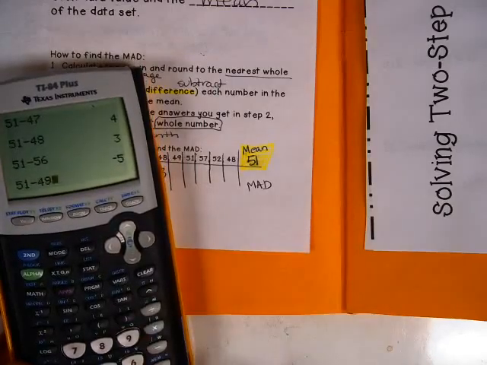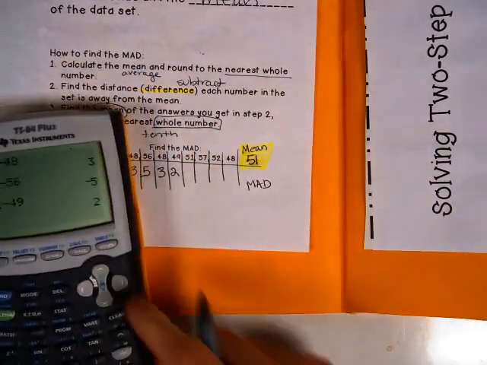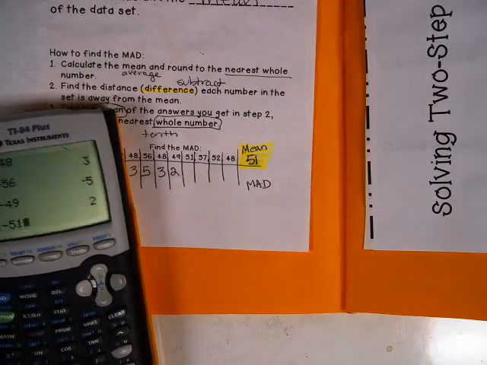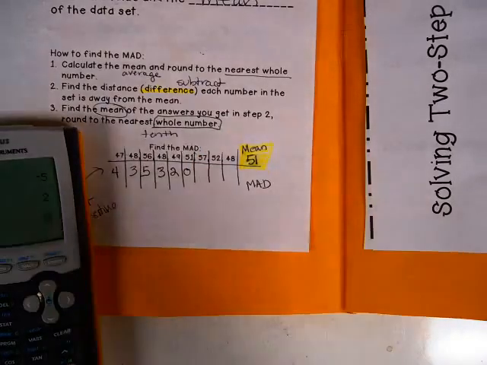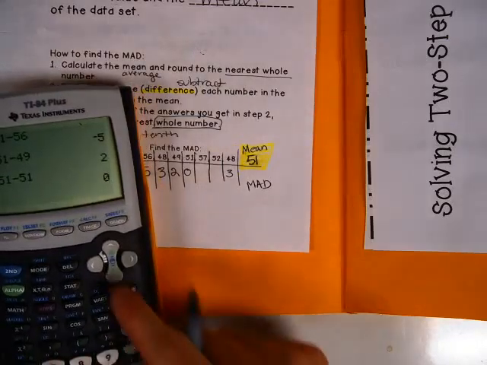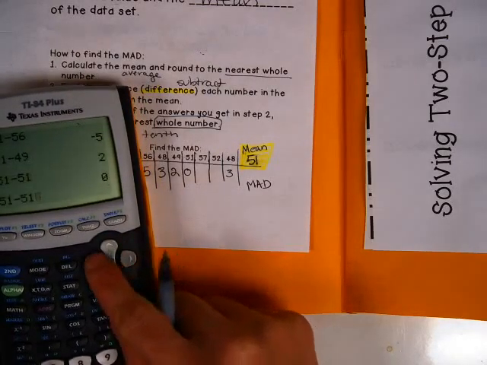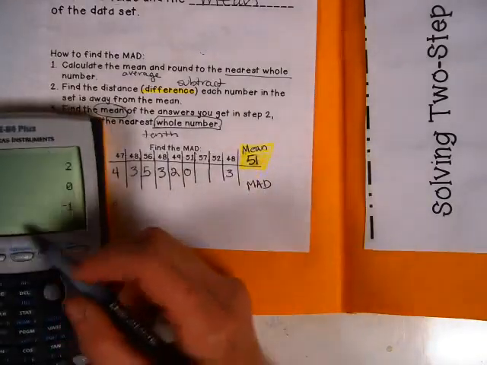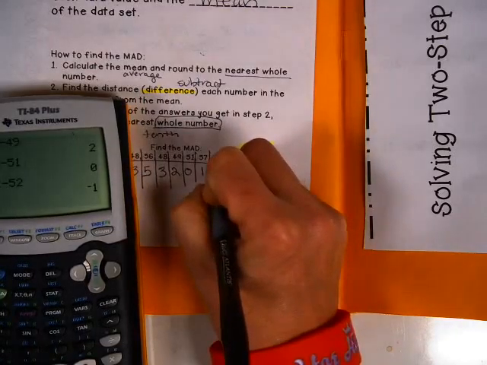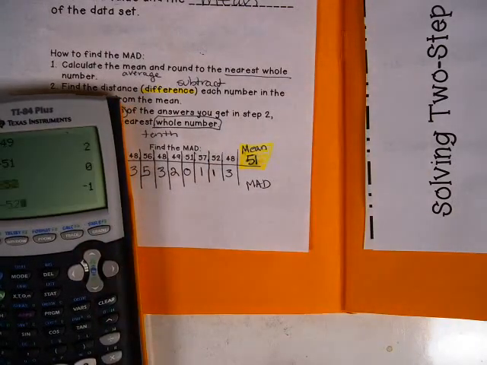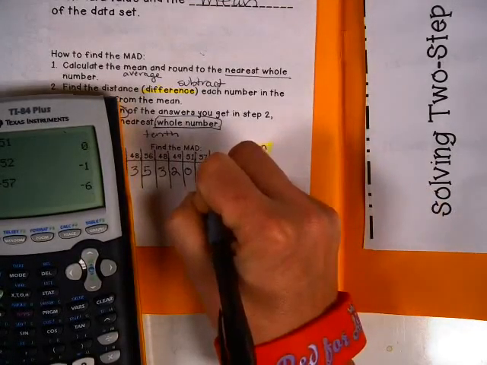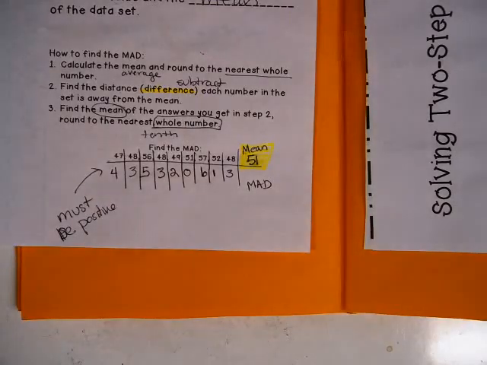Do 49, I get 2. 51, I get 0. 48 I have again, I'm going to write that there. 52, I get a -1. Again I don't care about negative, I want a positive, so put a 1 here. And this is a 6. Okay, so then your numbers look like this.